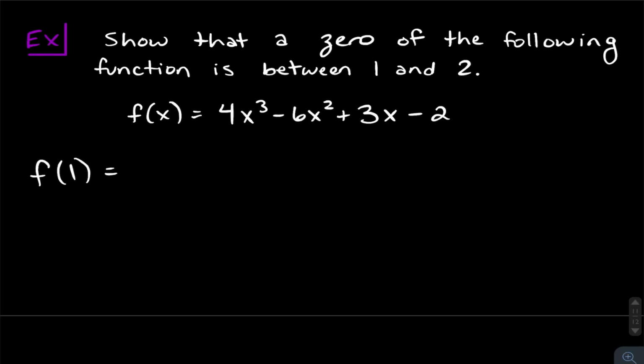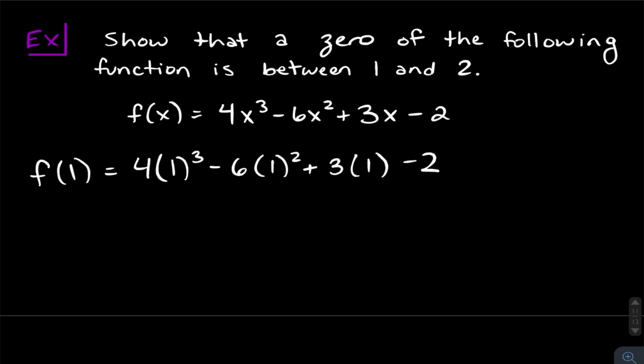Let's start by plugging in 1. If we do that, we get 4 times 1 cubed minus 6 times 1 squared plus 3 times 1 minus 2. This gives us 4 minus 6 plus 3 minus 2, which is -1. Now we do f of 2. If we have a 0 in between 1 and 2, f of 2 is going to have to be positive.